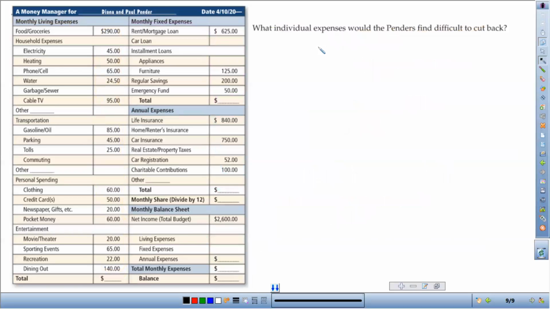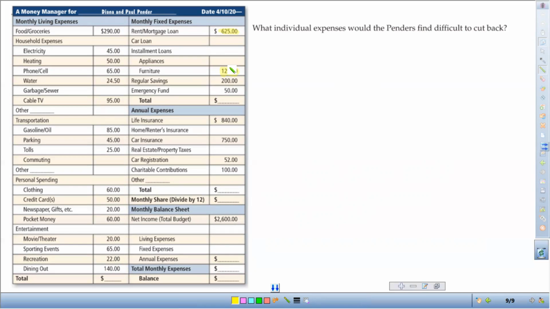So what individual expenses would the Penders find difficult to cut back on? If they did not live within their monthly net income, what's hard to cut back on are these things, these loan payments. This is going to be the same from month to month. So this furniture, what this probably is they bought a piece of furniture and had to finance it, is what it calls. So they owe money on it.